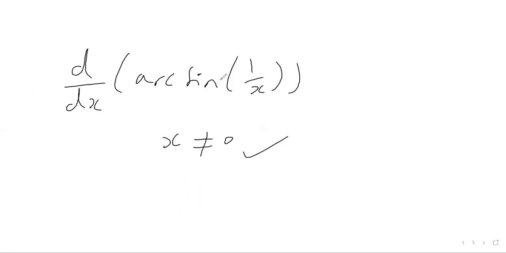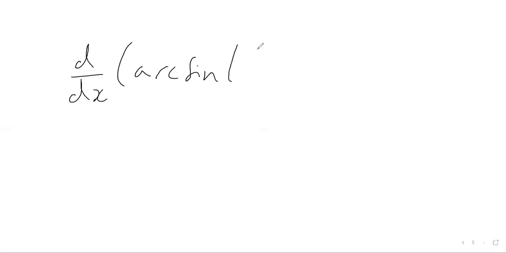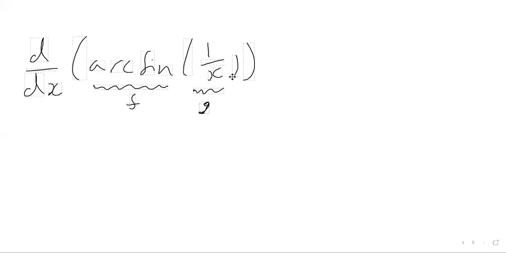So now we're going to differentiate this function. We're differentiating with respect to x the arcsin of 1 over x function. As you'll probably notice, we've got a function f of a function g, the 1 over x function, and 1 over x is a function of x itself. So this is going to be a chain rule problem.